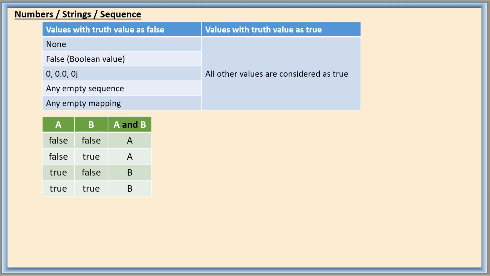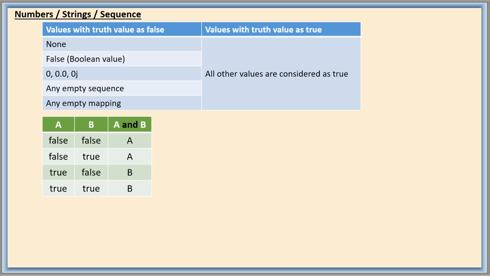Now let us check how it works on the AND operator. If A is false and B is false, both are false values, then A is returned as output. If A is false and B is true, then the value A is returned. If A is true and B is false, then B is returned. If A is true and B is also true, then B is returned.